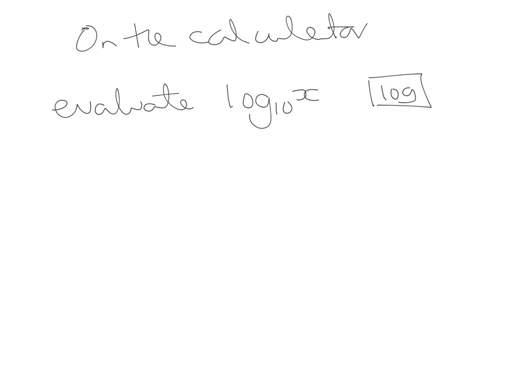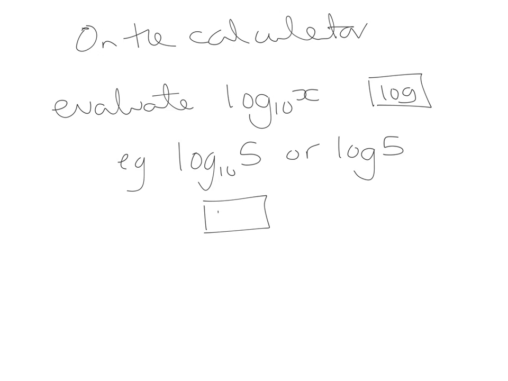So if it was, for example, log to the base 10 of 5, or it might be written as just log 5, then in your calculator you'd press the log button, and then you would press the number 5 followed by the equals, and you would get the answer 0.699. That's a rounded answer there.